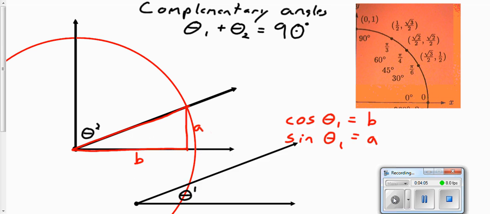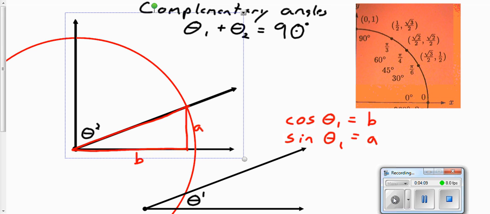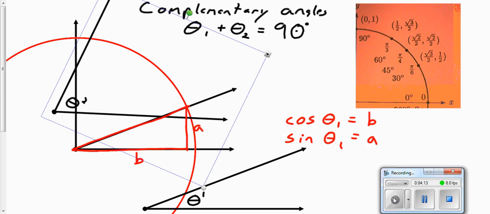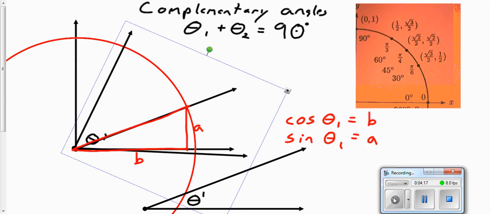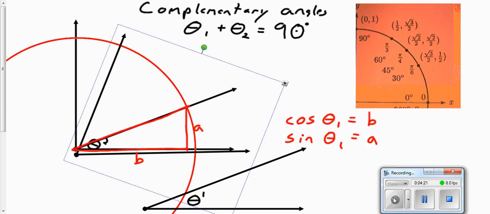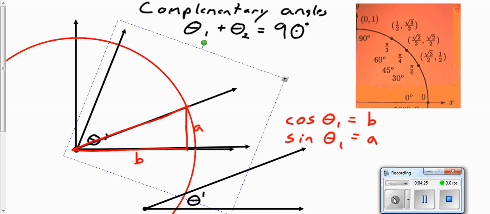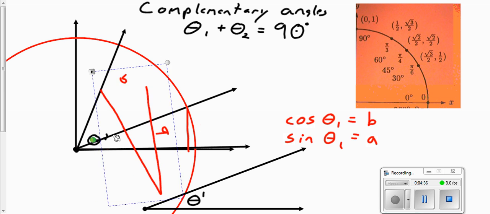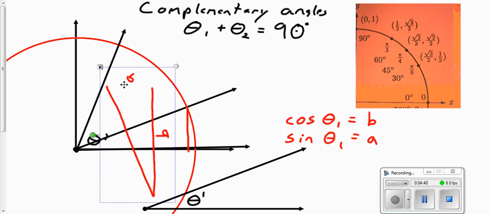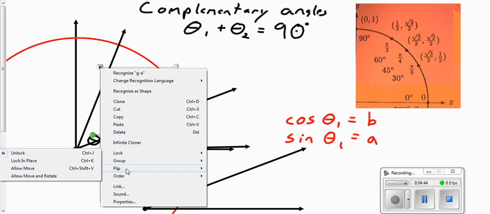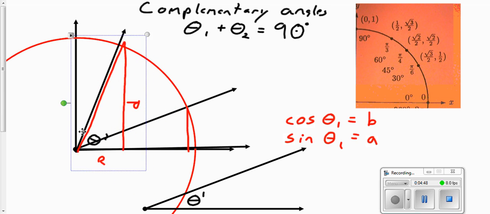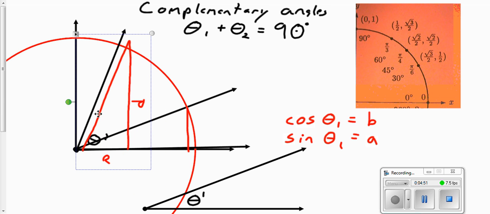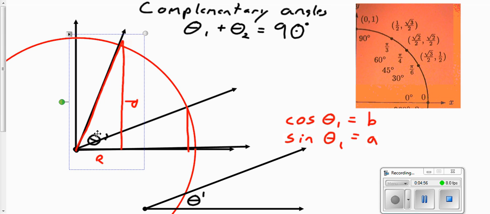So if I move my theta 1 away, and I take my theta 2 and turn it around so that it's based upon the x-axis, notice that when I take my red triangle and flip it around, you can see here that the value where theta 2 ends is the same value but flipped around.